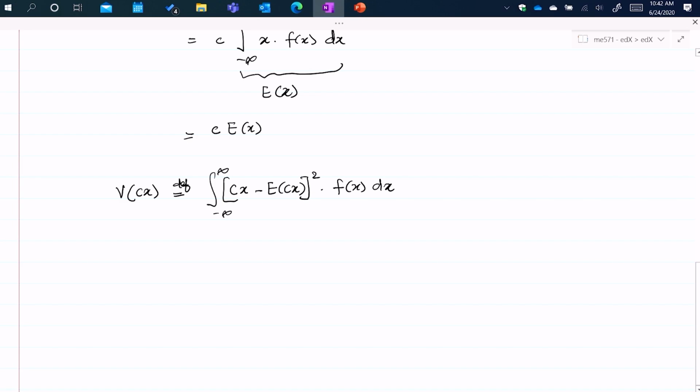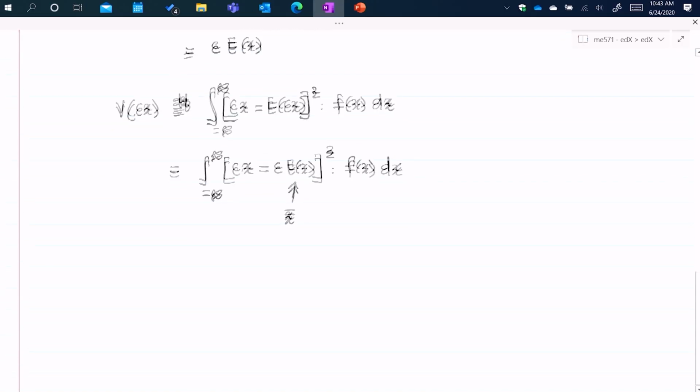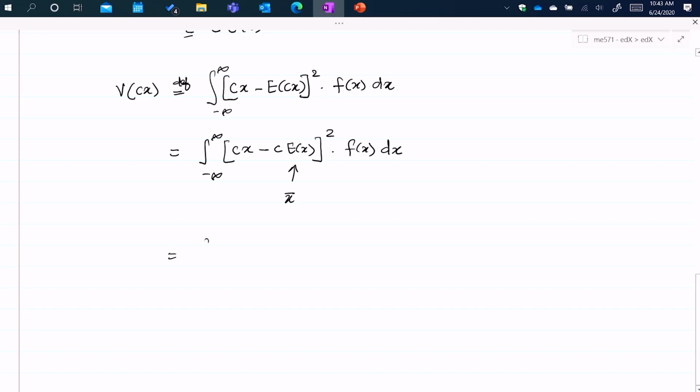And this, again, I can write as the integral from minus infinity to plus infinity of c times x minus c times expected value of x, whole squared, f of x dx. Expected value of x is what we denote as x bar. Therefore, I can take c outside and make it c squared times x minus x bar, whole squared, f of x dx.